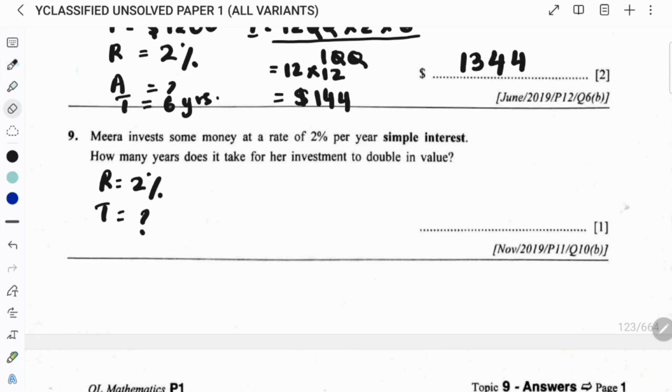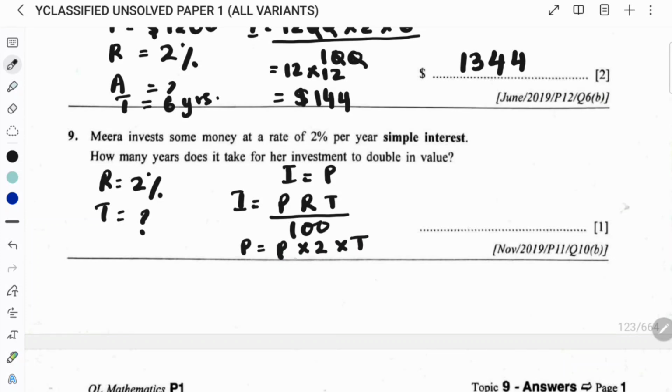So what I do, I will keep interest and principal the same. So I equals PRT upon 100. So in place of I I can use P, and R is 2 and the time is required, upon 100. Now we are going to solve. Okay, so you can cancel it also over there. 50. P times T upon 50 is equal to P. You are just cross multiplying.